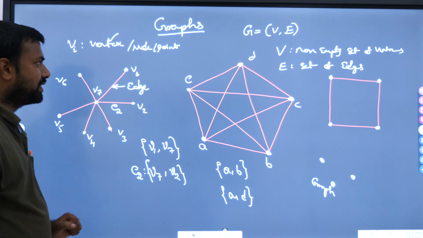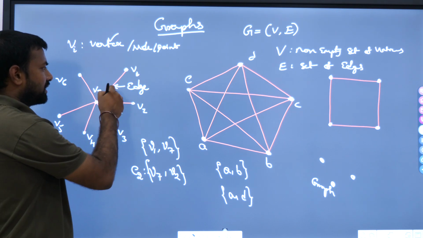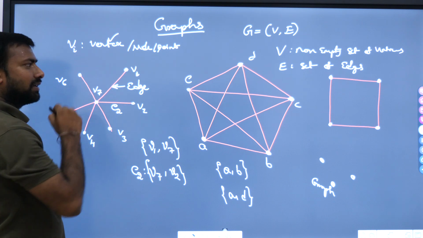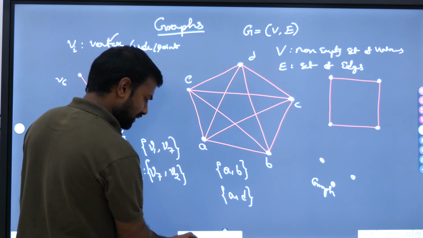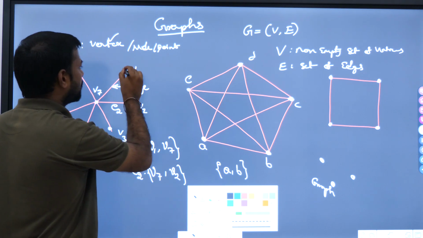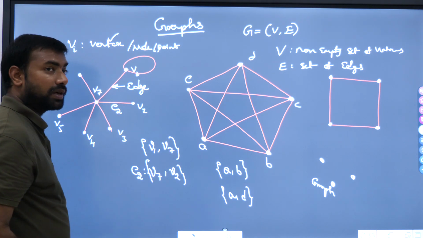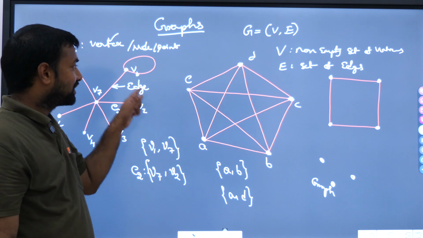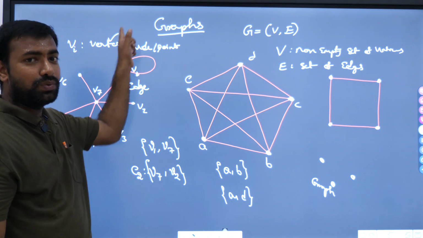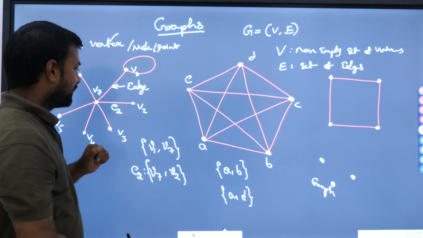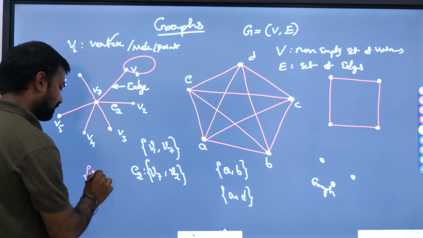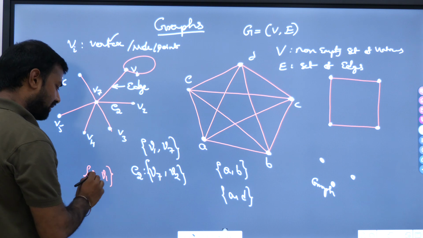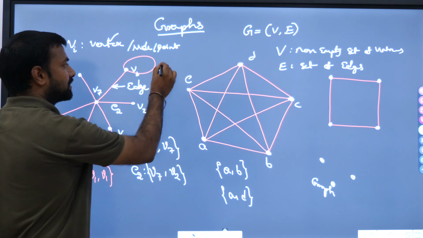There is one more edge I'd like to discuss. Here you can see that this edge is connecting V7 and V1. Now we can have one more edge like this. What is it? This edge is connecting V1 to V1 itself. We represent it like this: V1 comma V1, and we call this edge a loop.